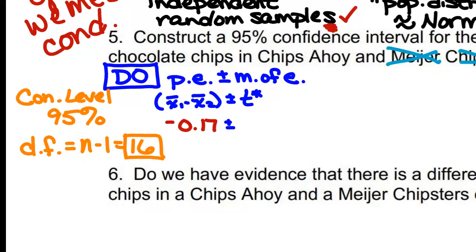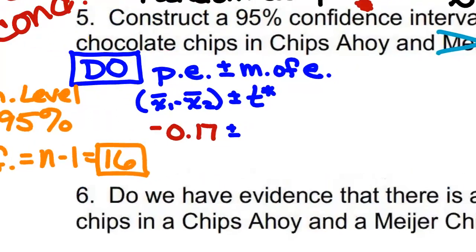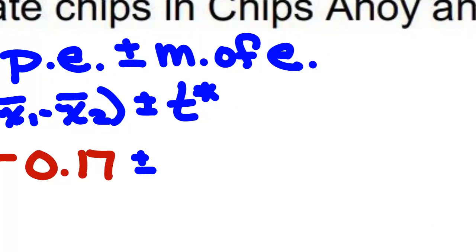So what is our t star at a 95% confidence level with 16 degrees of freedom? 2.12. Double check, I don't disbelieve you, but I don't have this written down for myself. 95%, 16 degrees. Yep, 2.12.